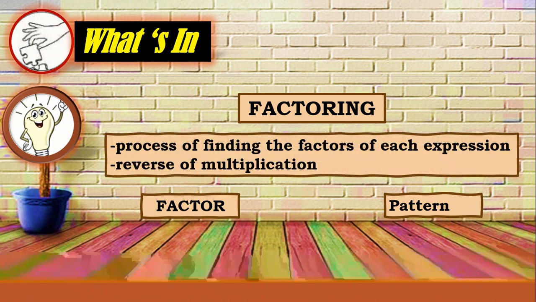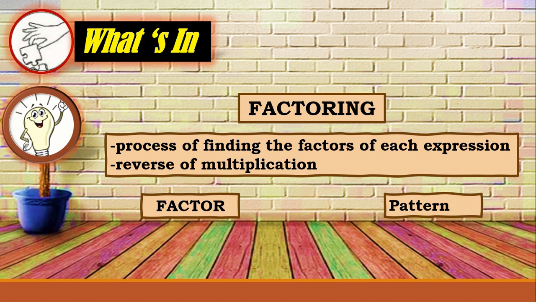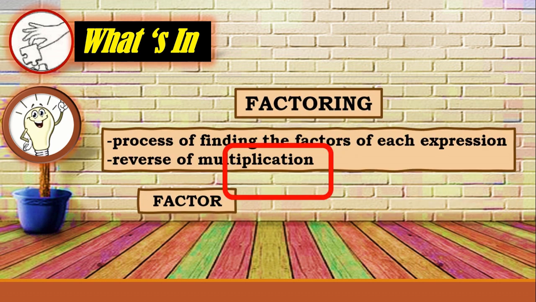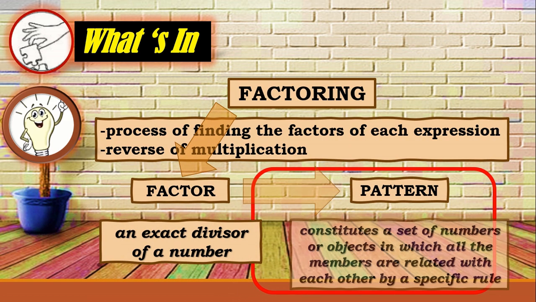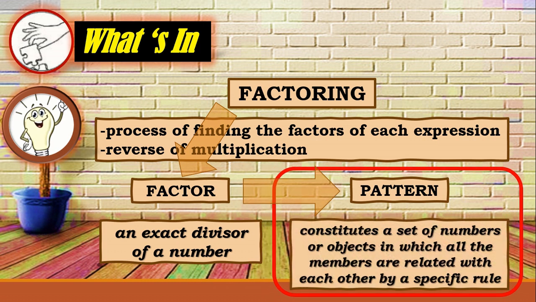Factoring is the process of finding the factors of each expression. It is also the reverse of multiplication. What is a factor? A factor is an exact divisor of a number. In factoring polynomials, there are patterns that we can follow to make factoring easy and fast.